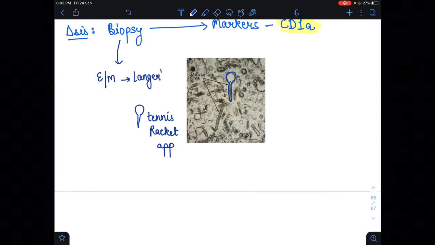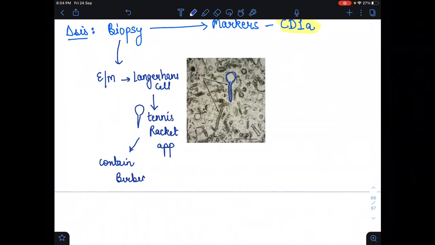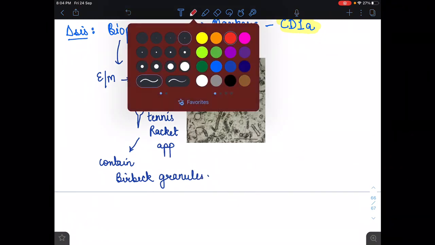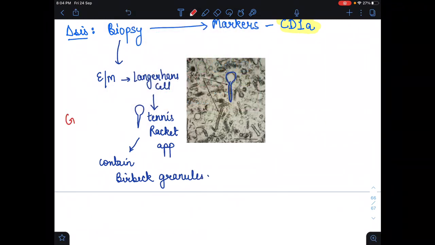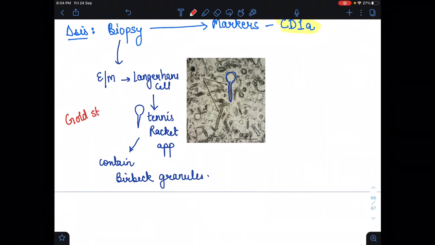Please remember that the Langerhans cells contain Birbeck granules, which show us the tennis racket appearance, and it is the gold standard for diagnosis.